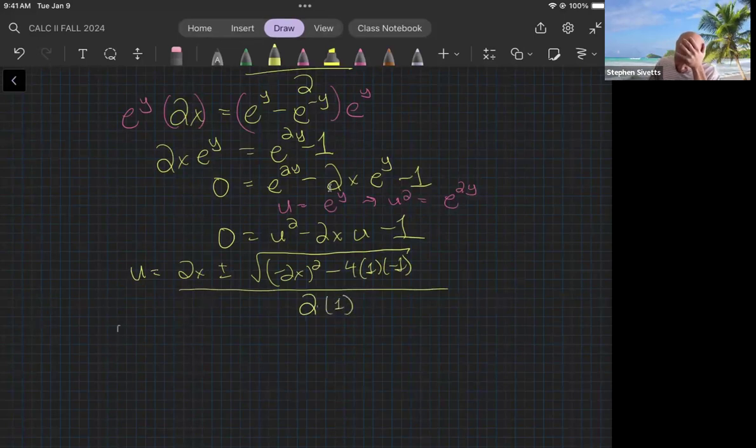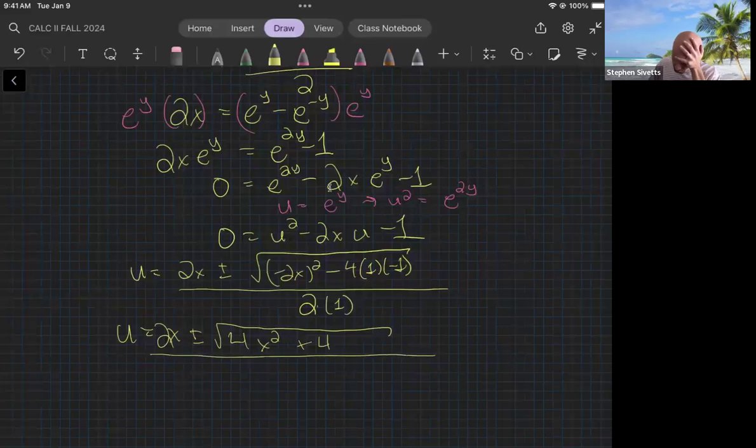So u is equal to 2x plus or minus the square root of 4x squared plus 4, over 2.